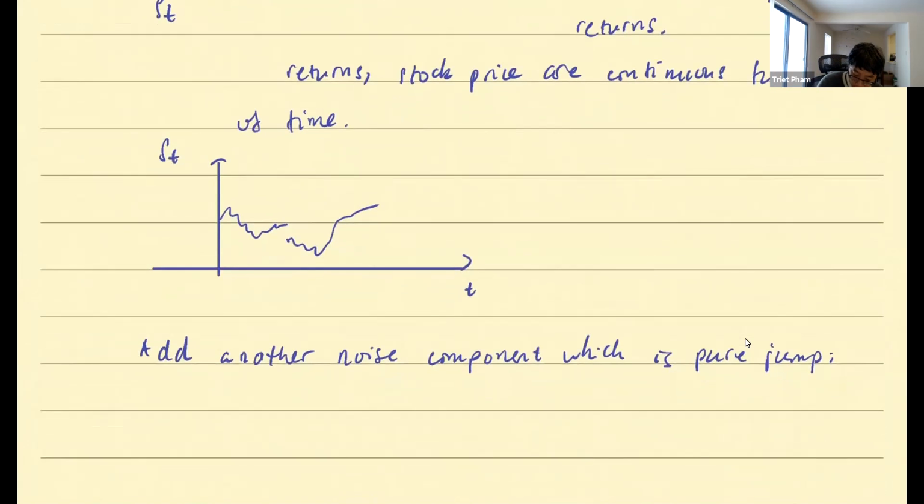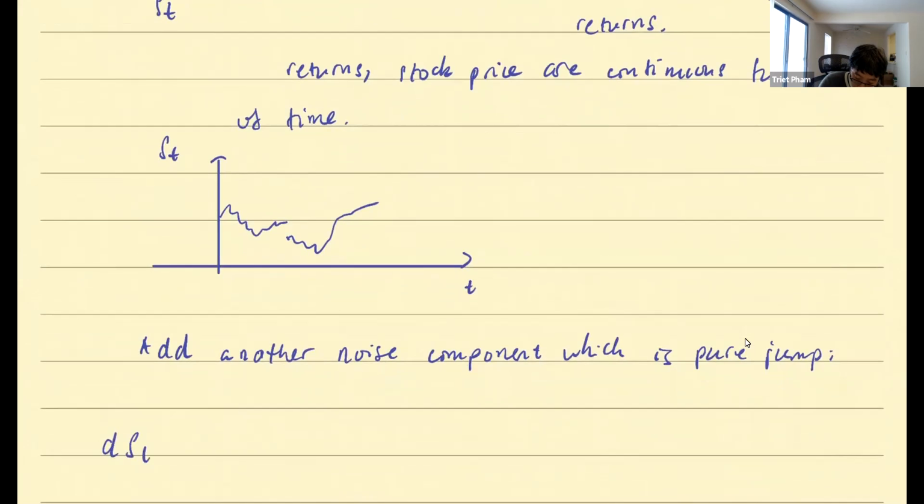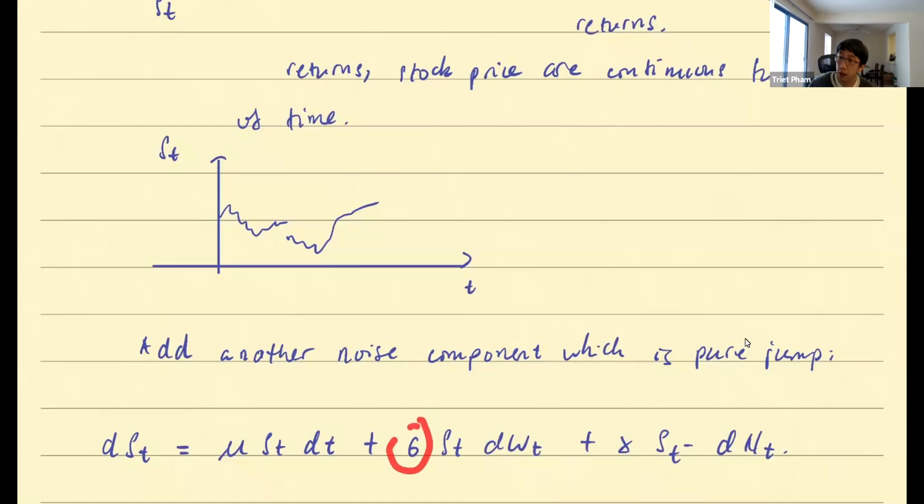So first, let me tell you what the model is. The model looks just like Black-Scholes, but we have one more component like this. Okay, so gamma serves in a similar way as volatility.